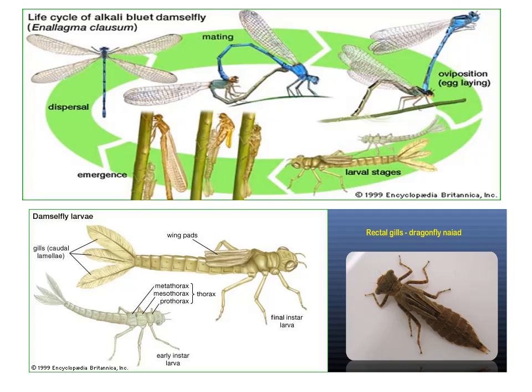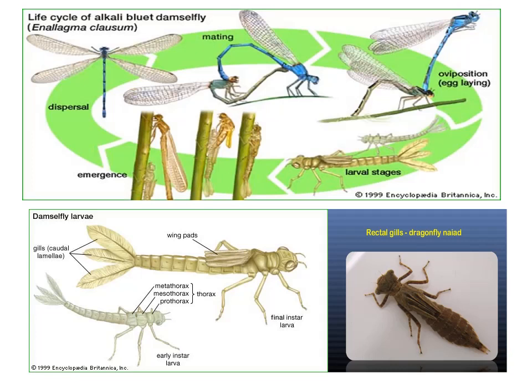So this is the life cycle of Odonata, and here you can compare the nymphs. This one is the dragonfly nymph, and this is the damselfly larva.